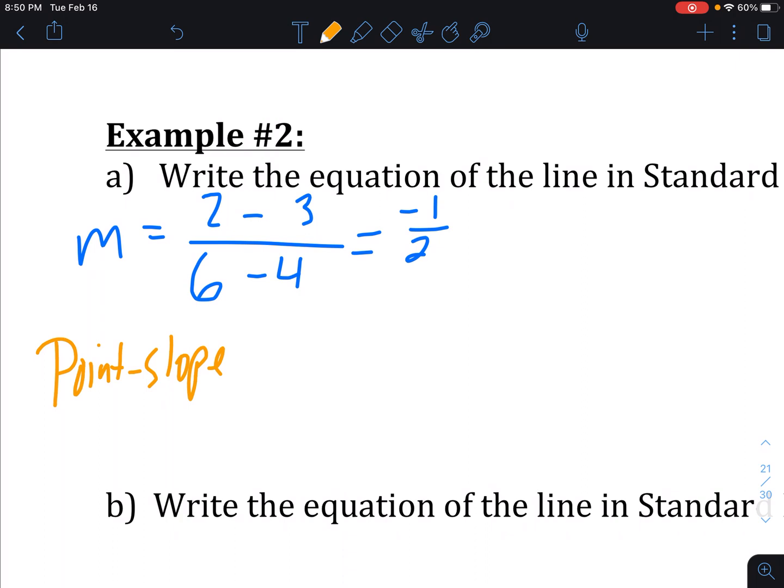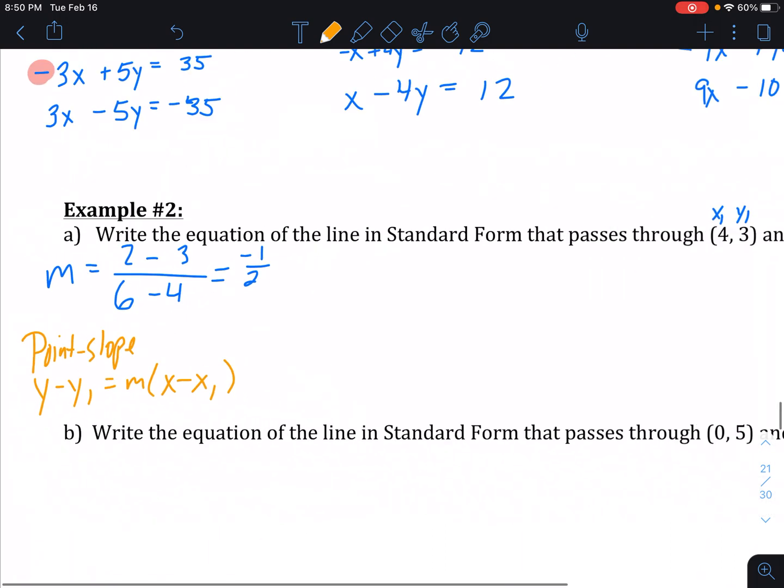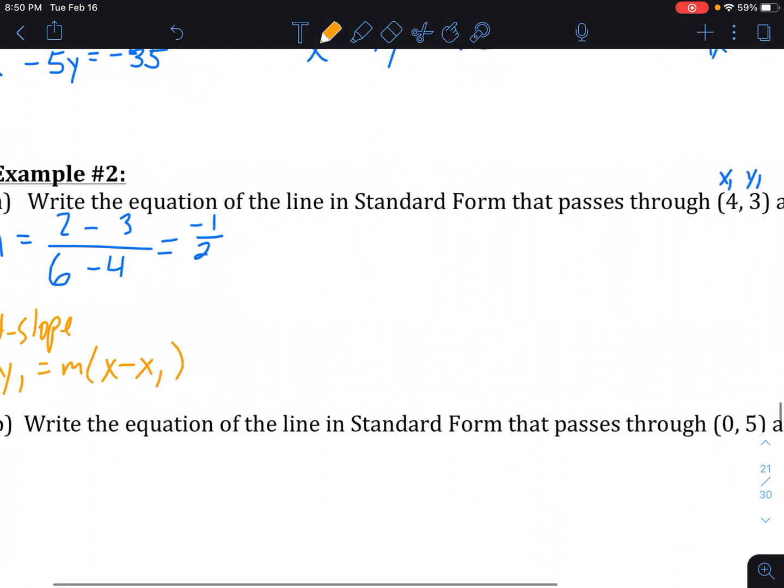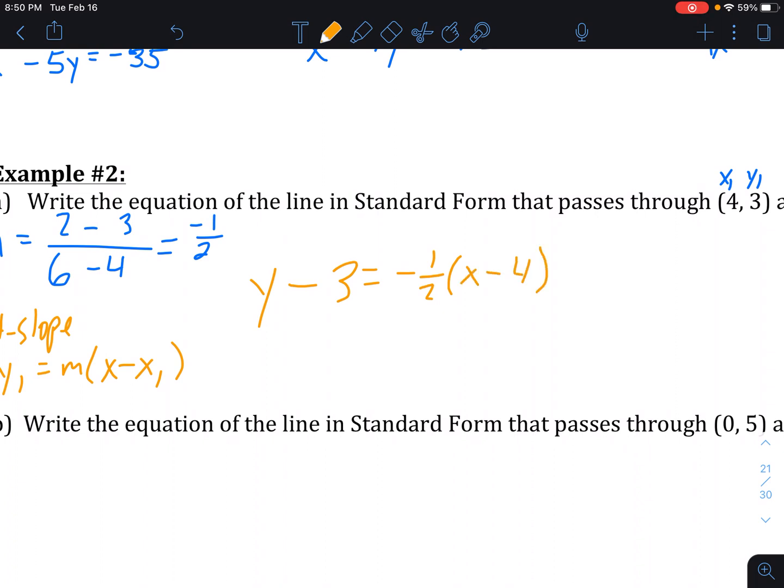So remember the point slope formula. We're going to plug into that formula. So y minus y1, which is 3, equals m, parentheses, x minus the x1.